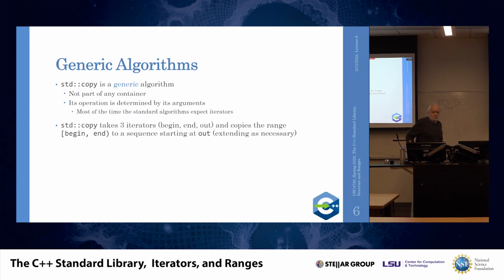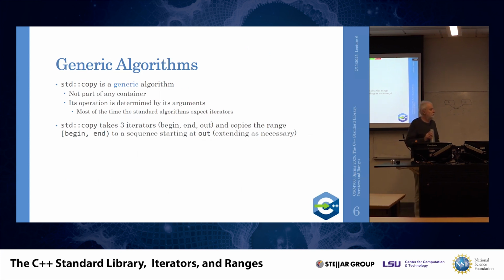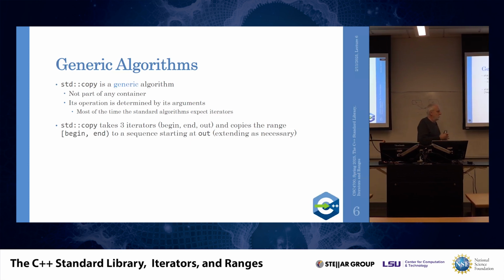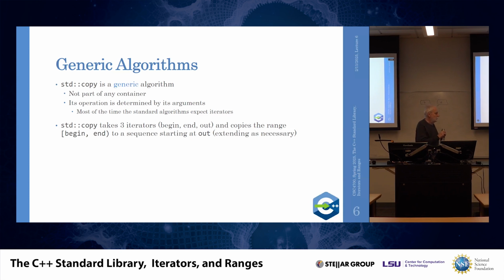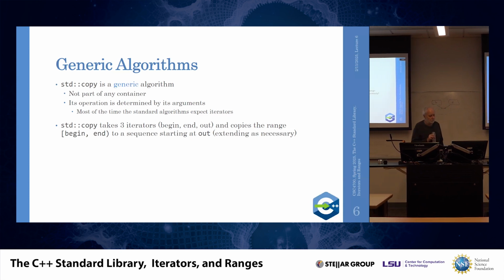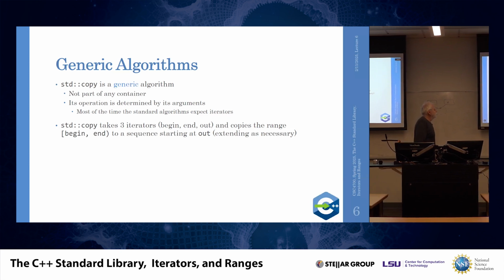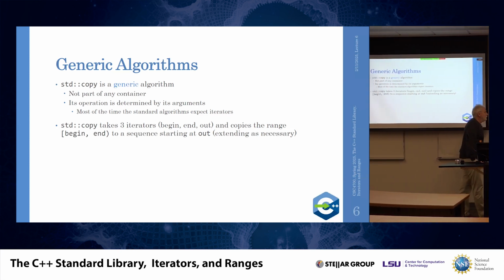Let's look at some generic algorithms and how generic algorithms actually use iterators to do what they are supposed to do, and why they are completely independent of the containers they operate on. Let's start with copy, because copy is one of the simplest generic algorithms.